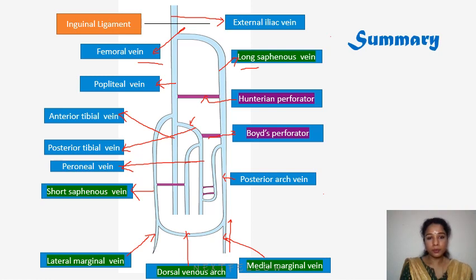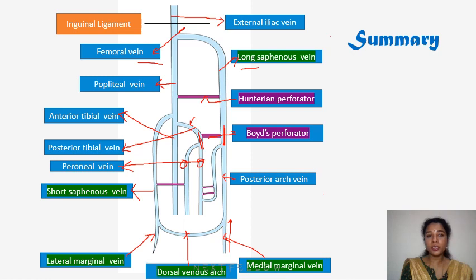This is the peroneal vein, sorry. This one is the peroneal vein and this is the posterior tibial vein. So you can see the connection between the posterior tibial vein and great saphenous vein. That is Boyd's perforator, which is otherwise called the knee perforator, which is present just below the knee.